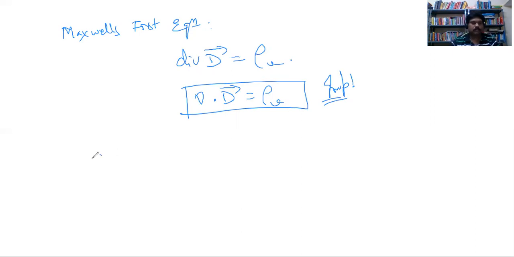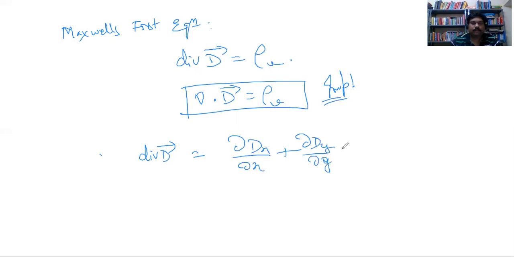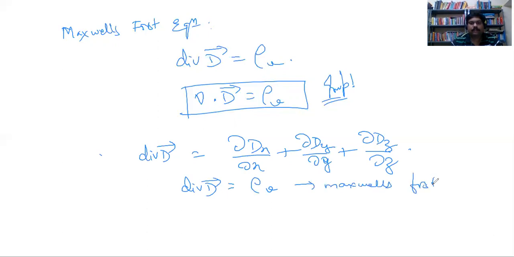So today we shall conclude with what? Divergence of D equals dou Dx by dou x plus dou Dy by dou y plus dou Dz by dou z. Next, divergence of D is nothing but rho V, and this is Maxwell's first equation.